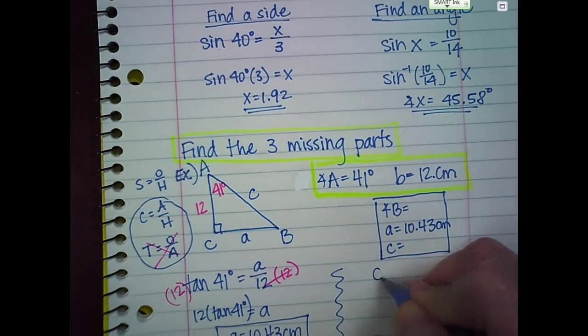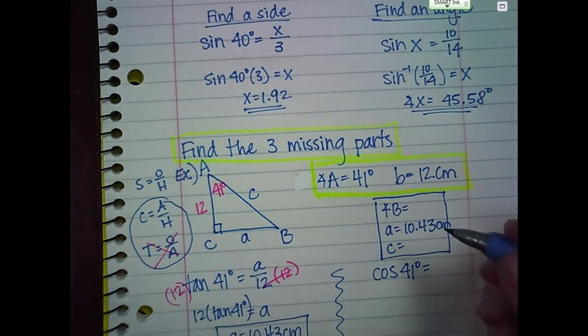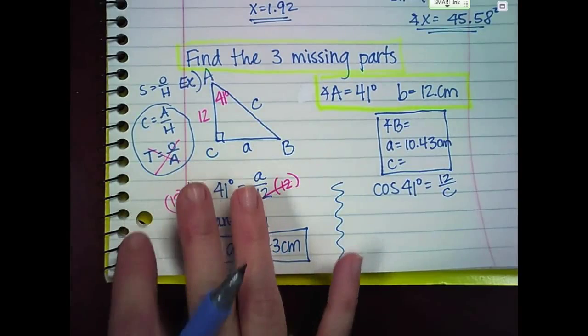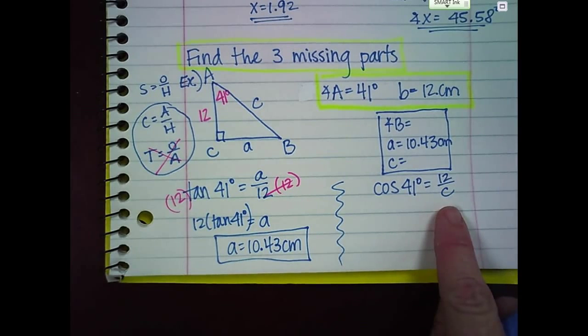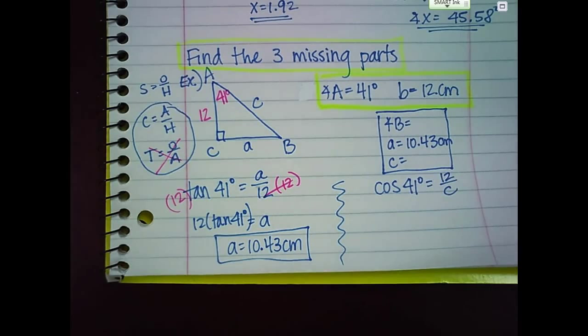Cosine of 41 equals adjacent over hypotenuse. So the adjacent is 12, and hypotenuse is C. You guys aren't going to like this one, so pay real close attention. This one's harder. Because where's C at here? In the bottom. So you can't just multiply both sides by 12 and get the answer.